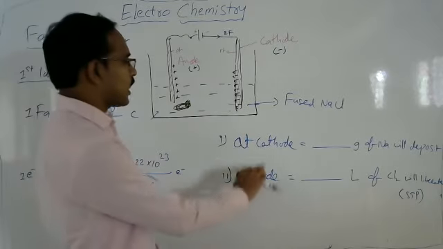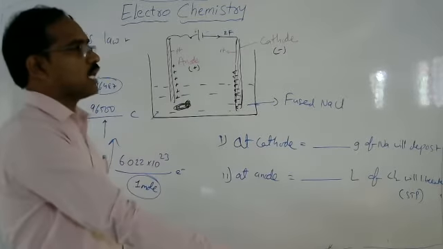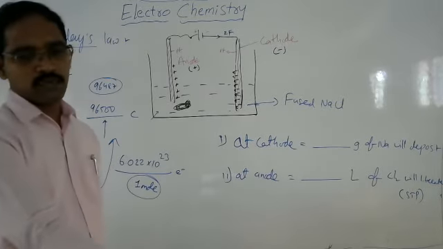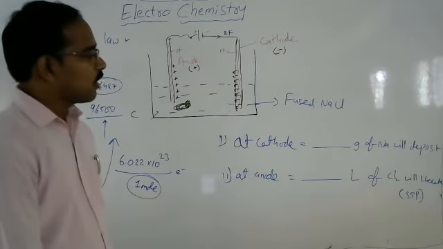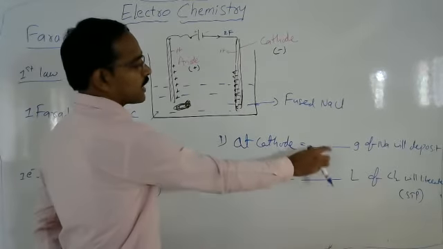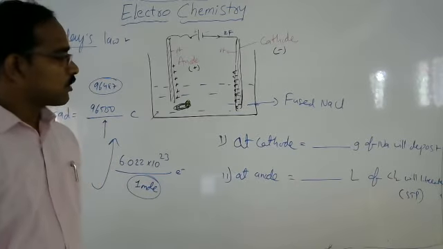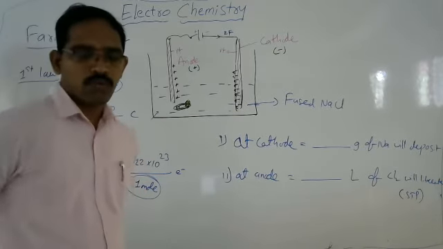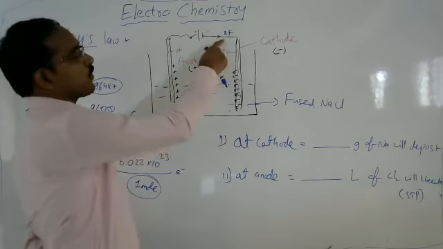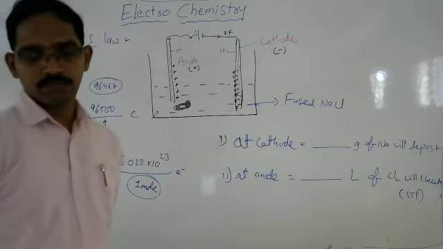The cation goes to the cathode, gets reduced, and deposits. I am asking, how many grams of sodium will deposit at the cathode? I gave you 2 farad current.